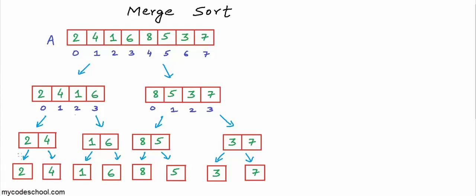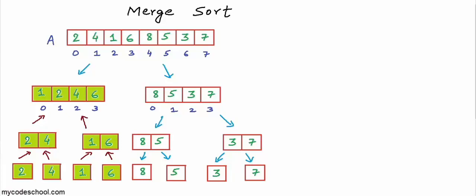So these 2 sublists can be merged. Let's say we will depict the cells in sorted sublists in green. We have already discussed the merge logic. This sublist 2, 4 will still be the same after merge also. Sublists 1 and 6, these 2 sublists with only one element each will also merge, and now we can merge 2, 4 and 1, 6.